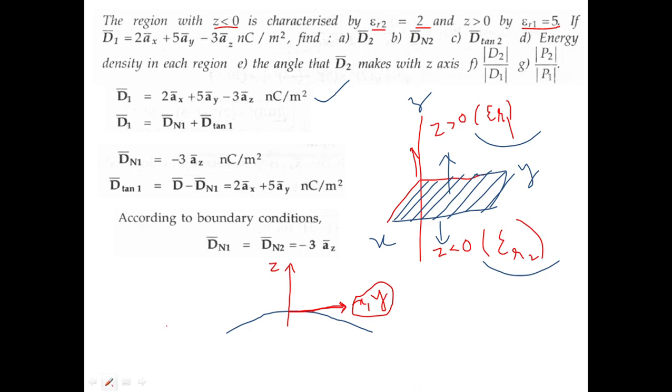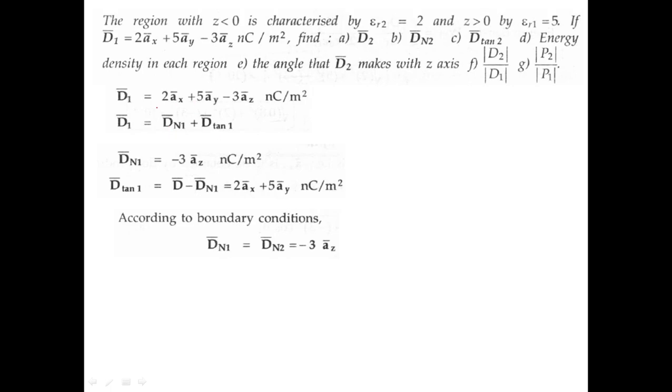Now with this knowledge, D1 is given here, from the question. D1 is equal to 2ax cap plus 5ay cap minus 3az cap nanocoulomb per meter square. Now D1 will decompose into two parts, as I told you, normal and tangential.